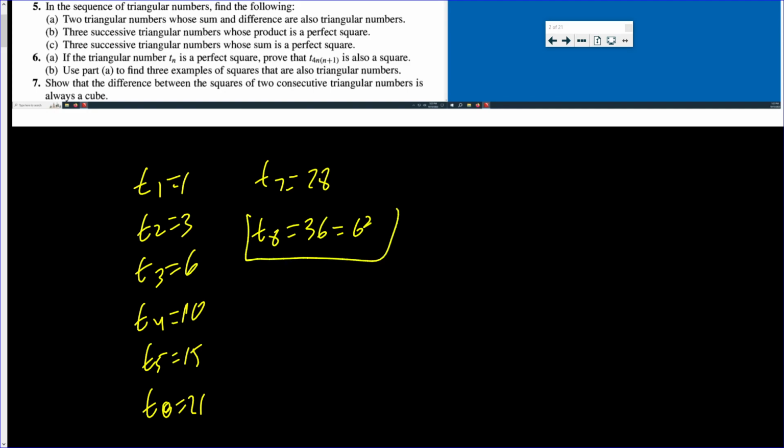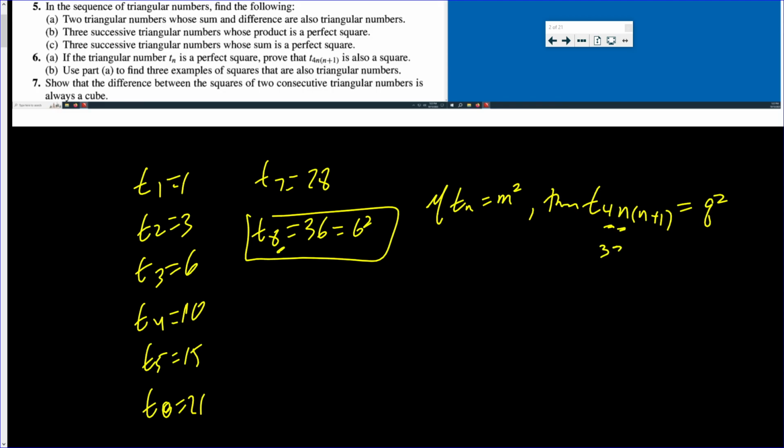So we know that. But we know if Tn is a square, then T sub 4n times (n plus 1) is something squared. So n is 8. 4 times 8 is 32, times 9 is 288.